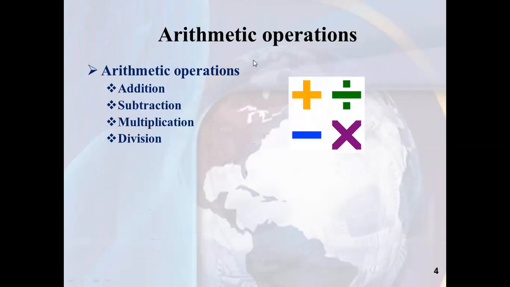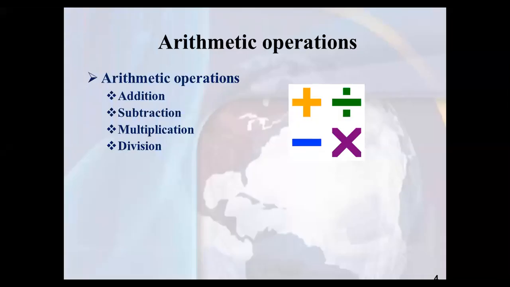When we talk about arithmetic operations, it means addition, subtraction, multiplication, and division. We can add a constant, we can subtract a constant, we can multiply the intensity of a pixel by a constant, or divide the pixel intensity by a constant. Or we can add two images, subtract two images, and make any linear combination. So in this case, we can find a new image.